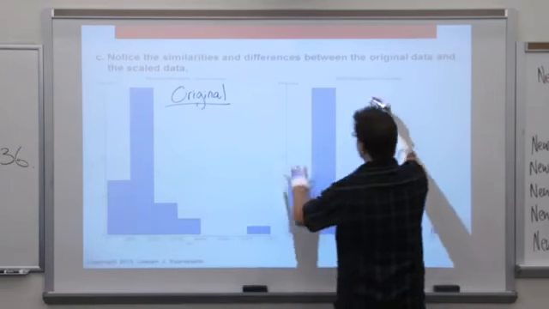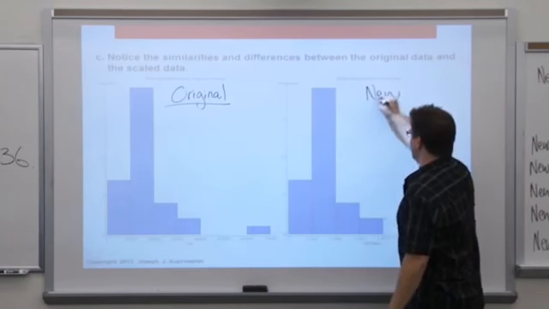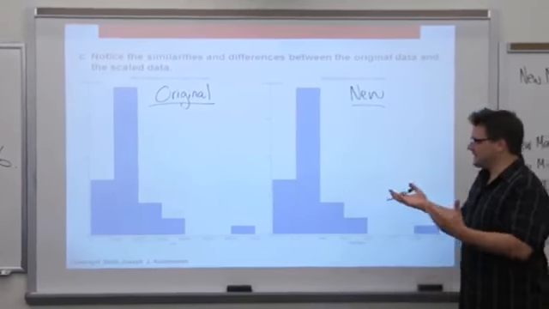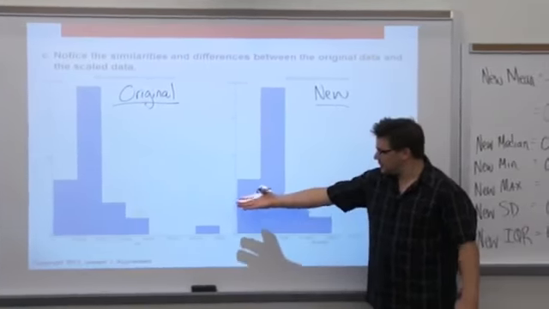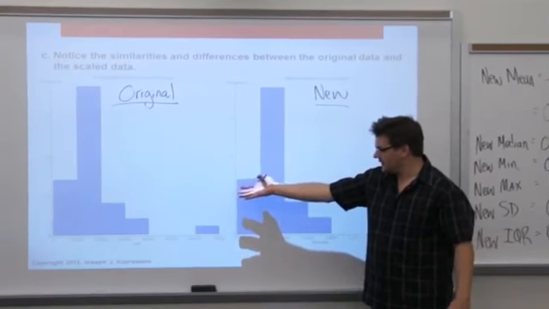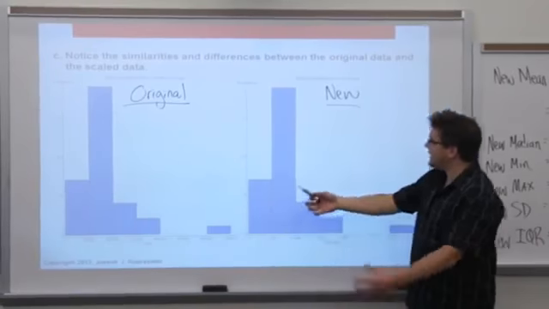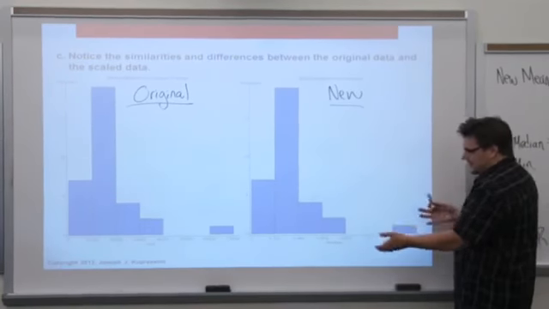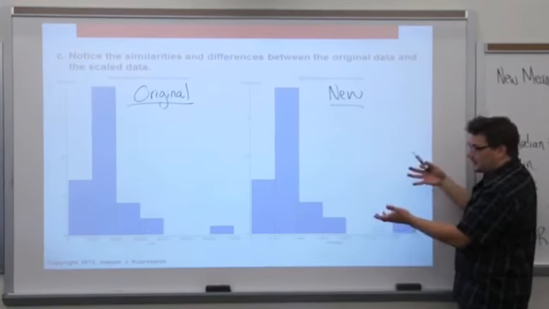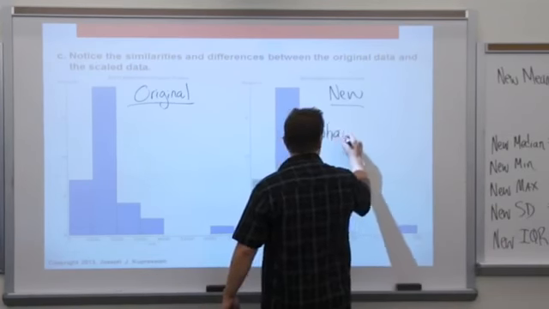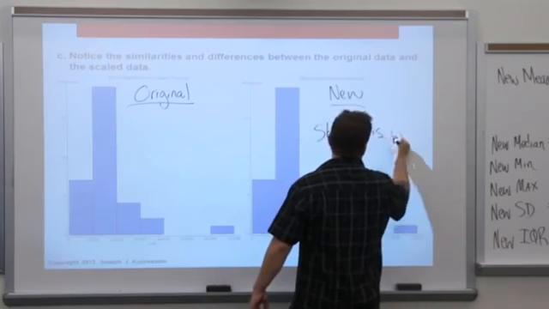Over on this side, this is the new data after we did the scale. The shape's exactly the same. It originally skewed right, as we learned up in part A. You can see we skewed right for sure. Long tail to the right. And after I transformed my data, the transformed data is also skewed right. Okay, so the shape is identical.